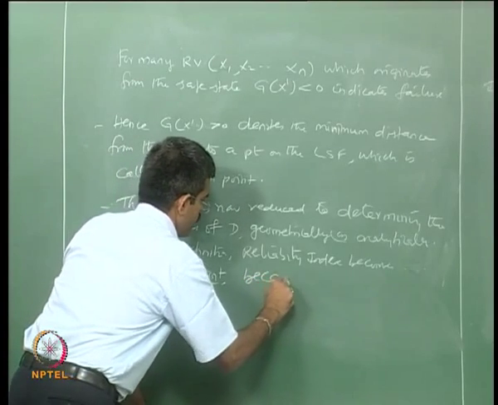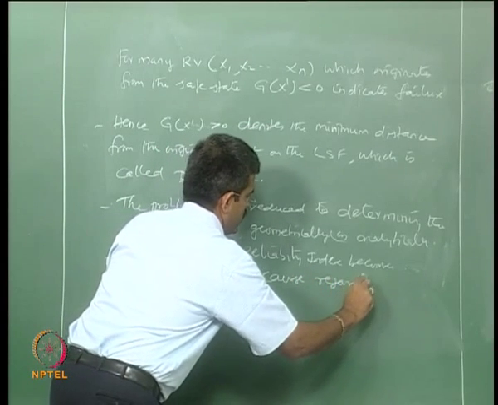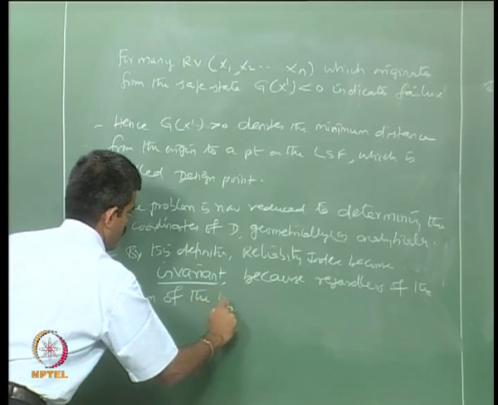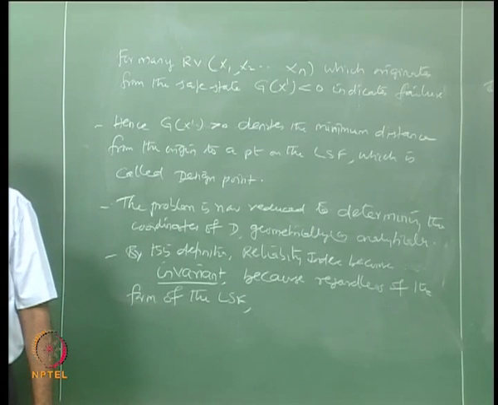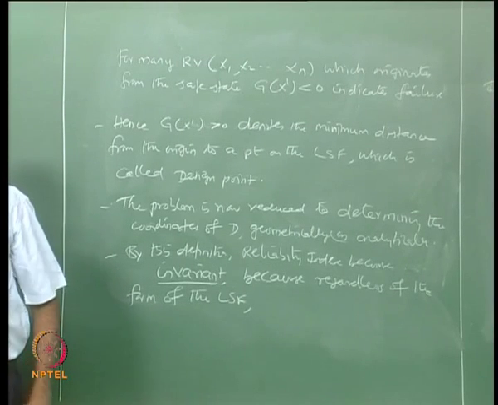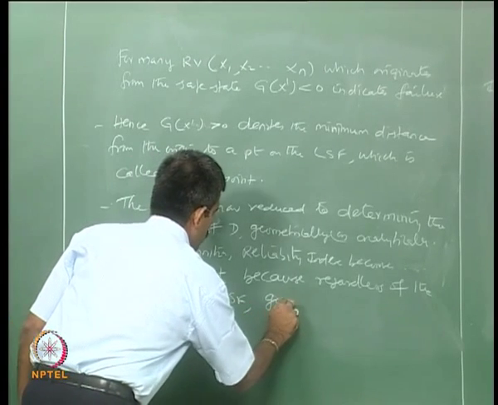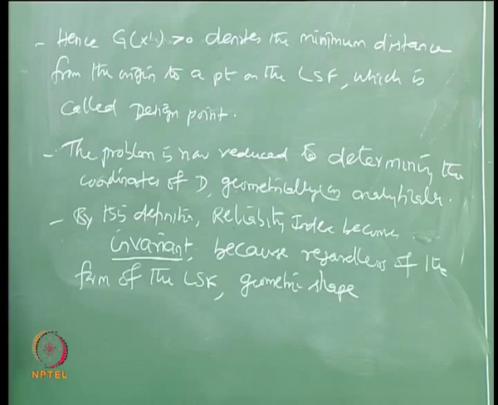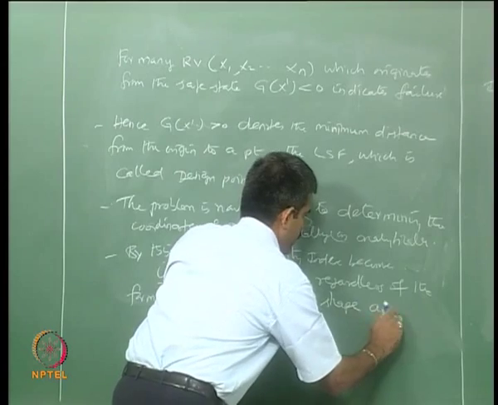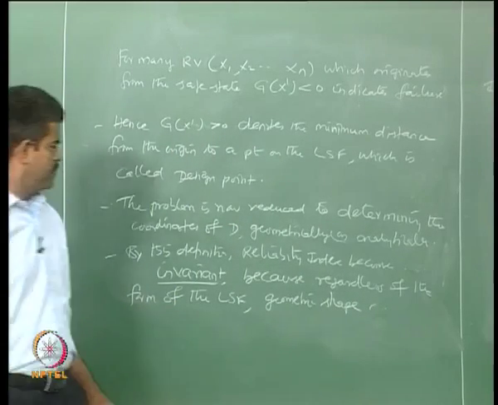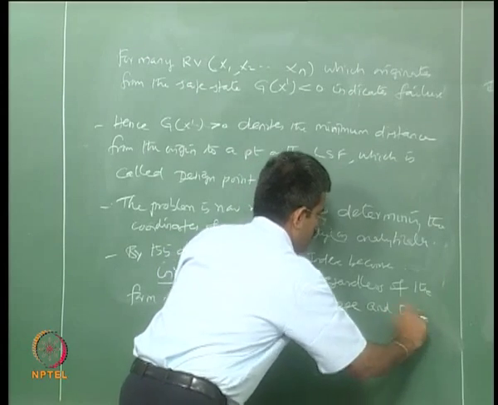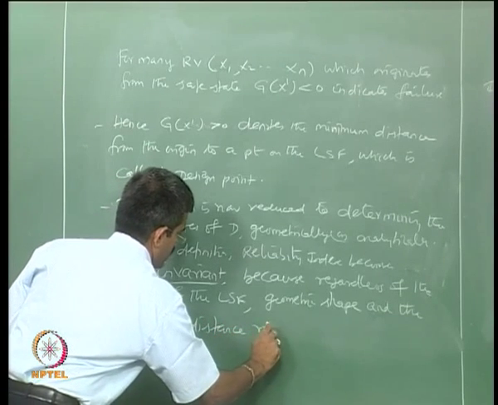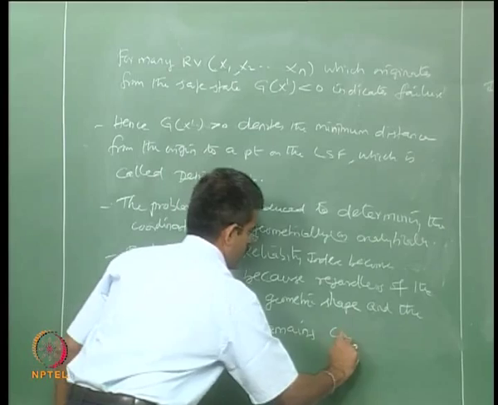Because regardless of the form of the limit state function, the geometric shape and the minimum distance remain constant.